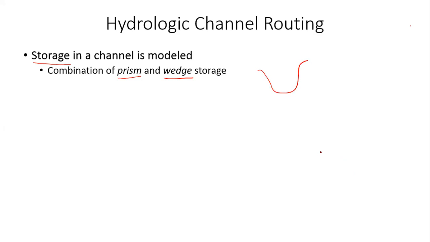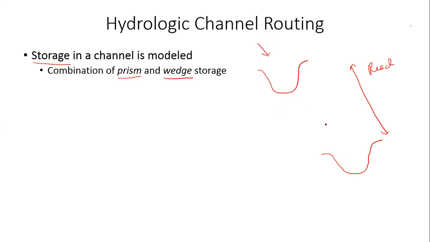So imagine a channel reach. Imagine that this is the reach of channel. When I say reach, I mean a certain portion of the channel, some distance along the channel. Assume that the flow is happening from this cross section to this cross section along the channel.